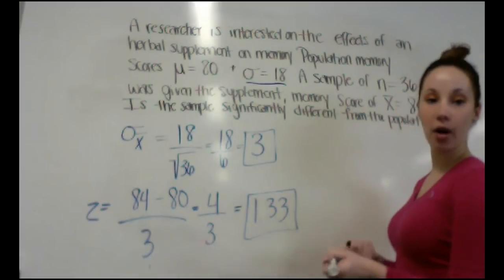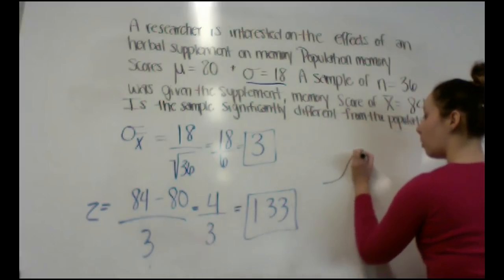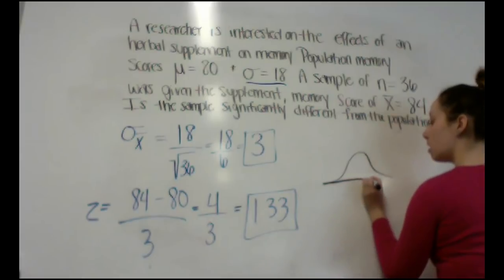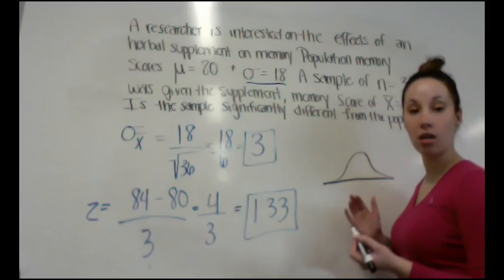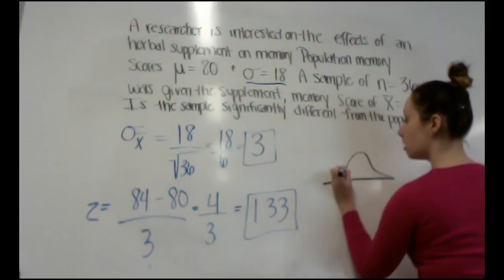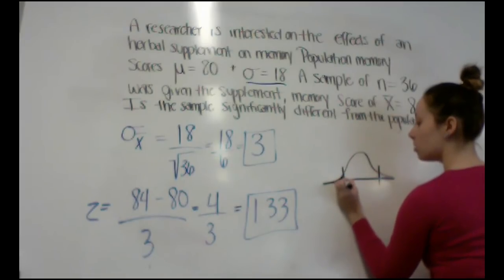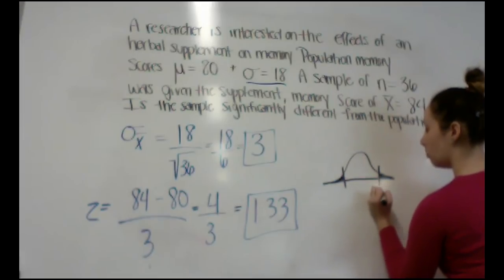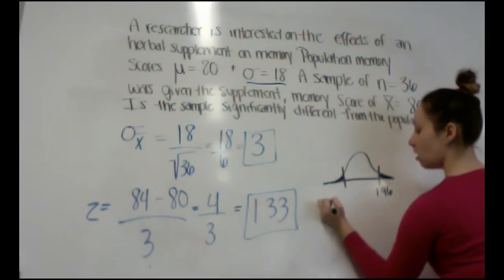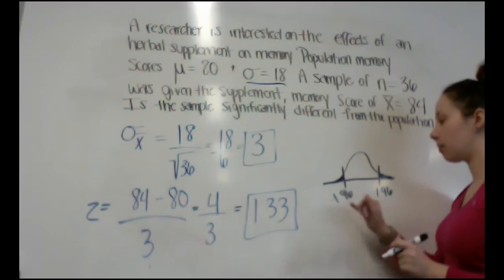So if you remember from our Chapter 7 lecture, I talked about the point at which our results become statistically significant. And there was a z-score associated with that point, and that z-score is 1.96 on each side of the distribution. 1.96 positive, 1.96 negative.